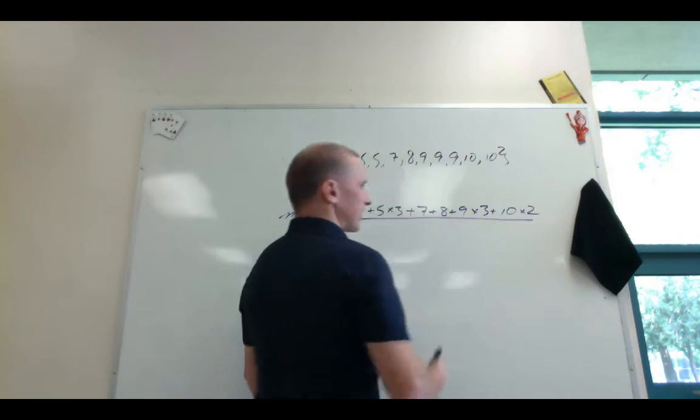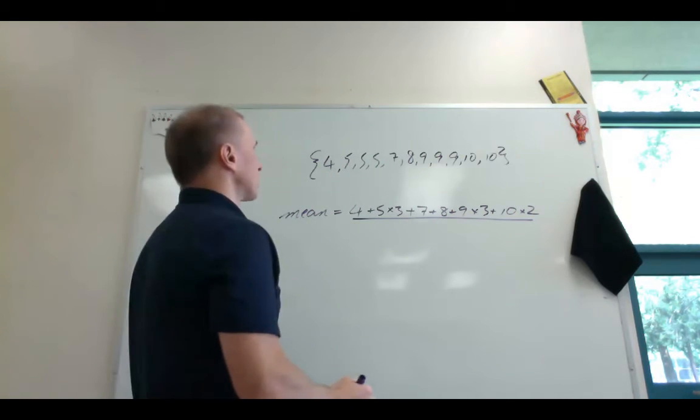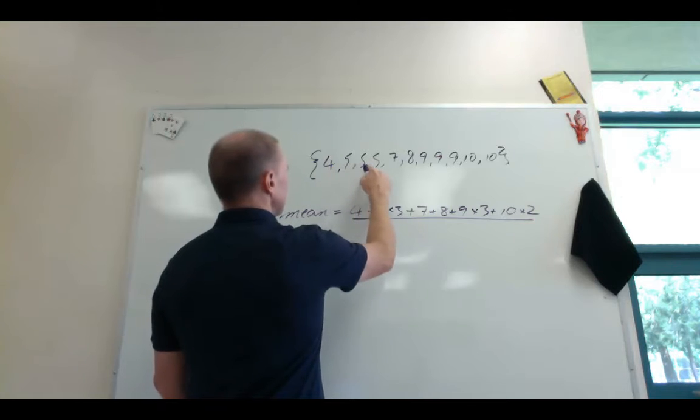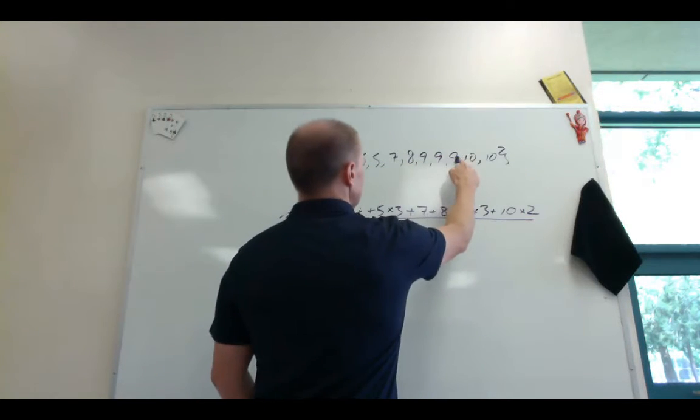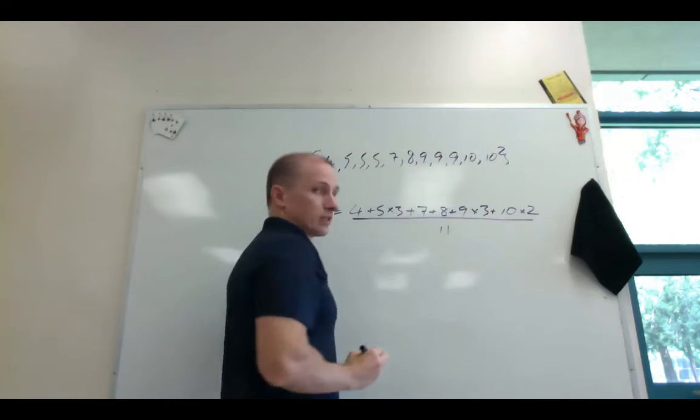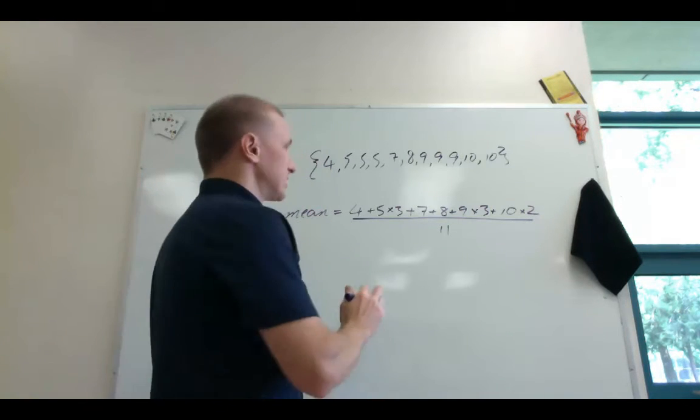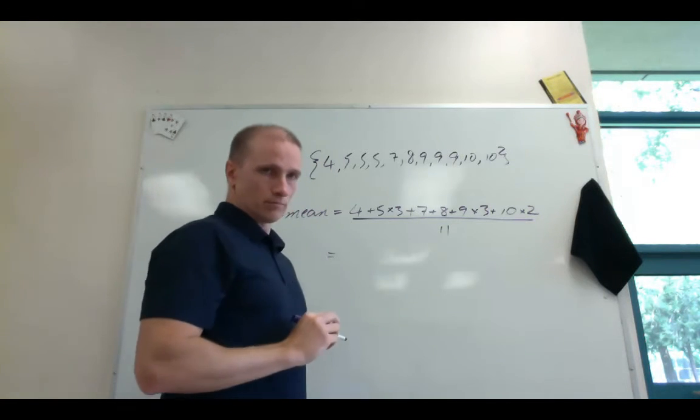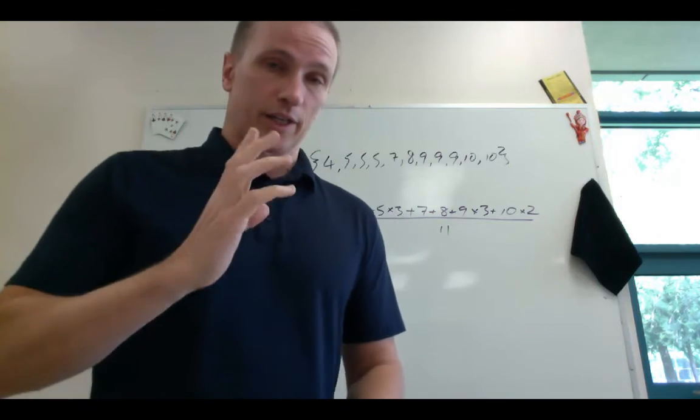And I'm going to divide by how many data there are. And there are 1, 2, 3, 4, 5, 6, 7, 8, 9, 10, 11. There are 11 data. So now if I do that calculation, here's what it looks like.